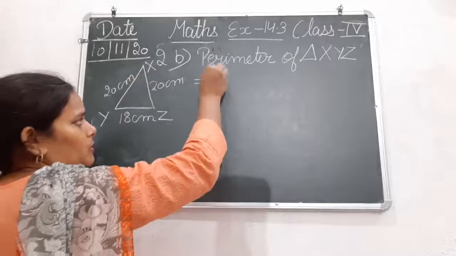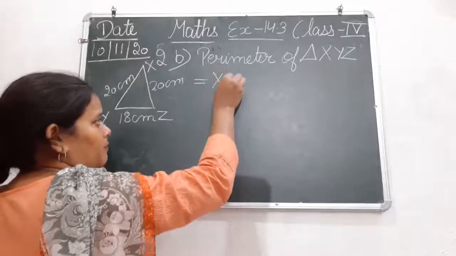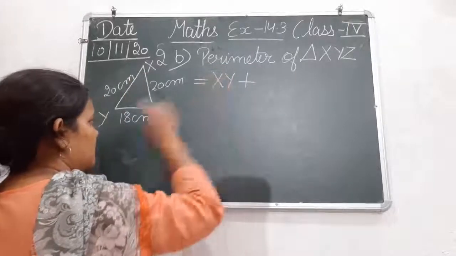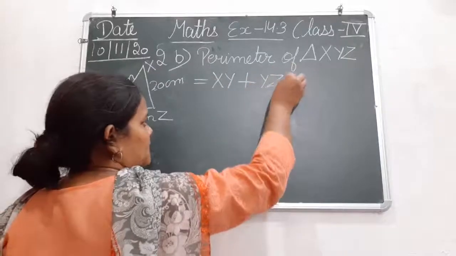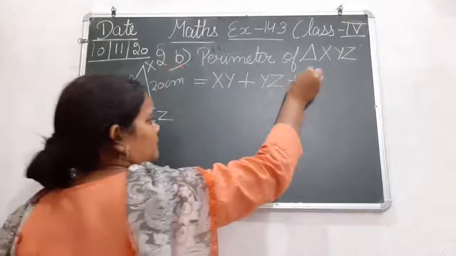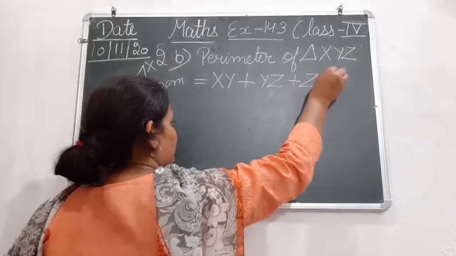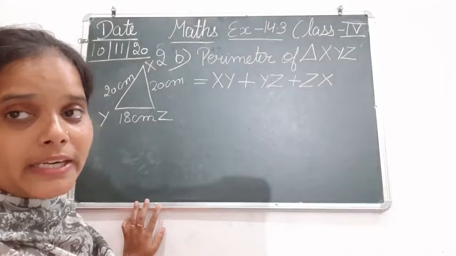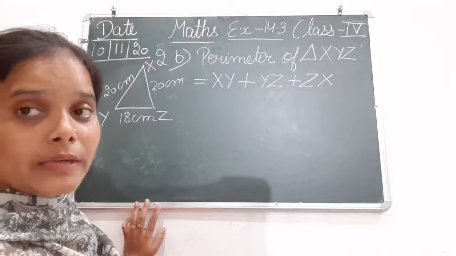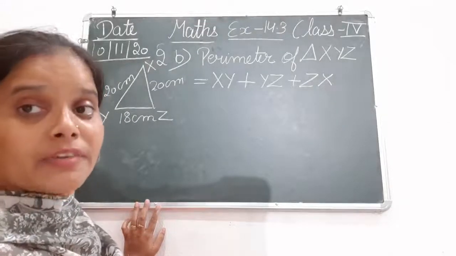Okay, so we are going to write XY plus YZ plus ZX. So these are the three various line segments that are drawn, जिसकी वजह से हमारा फिगर बनी है.